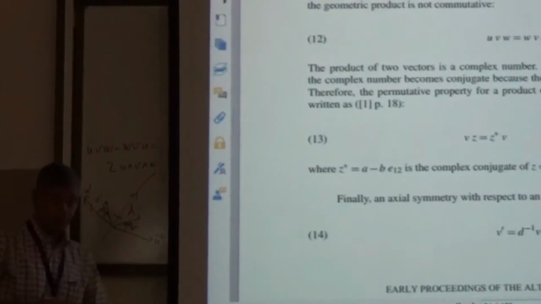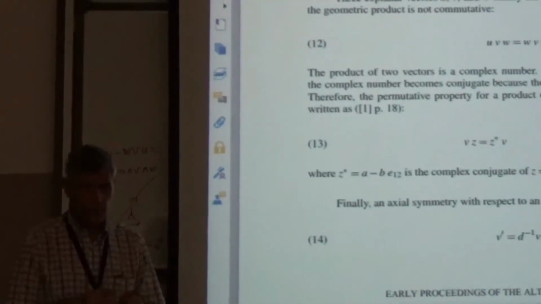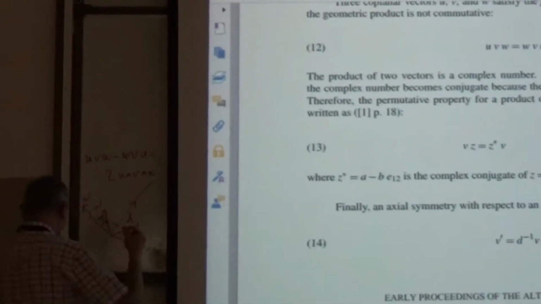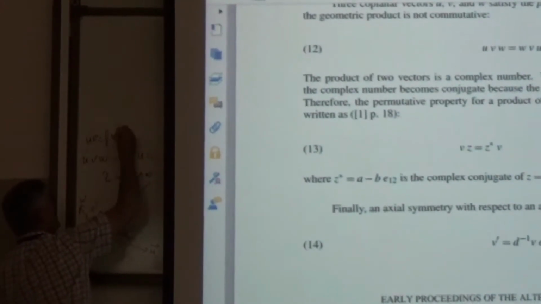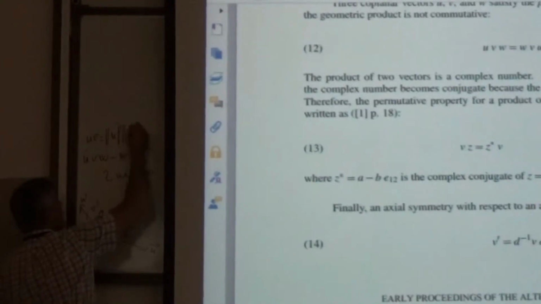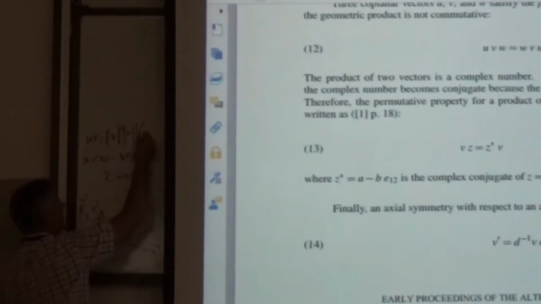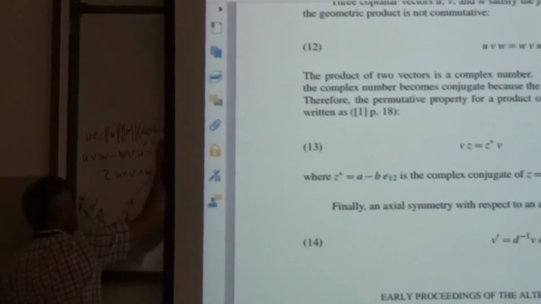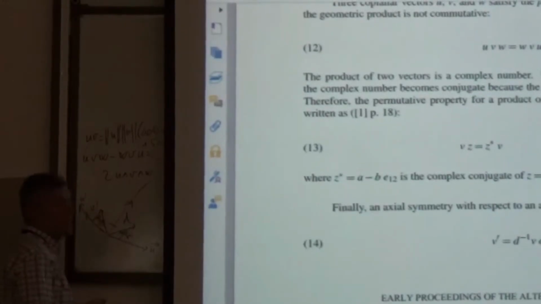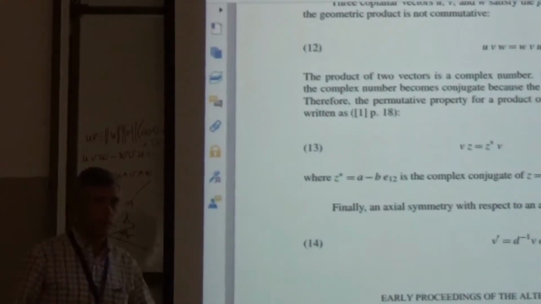In fact, the multiplication of the vectors is equal to the multiplication of the norms multiplied by the cosine of the angle plus I and the sine. Geometric multiplication of vectors.